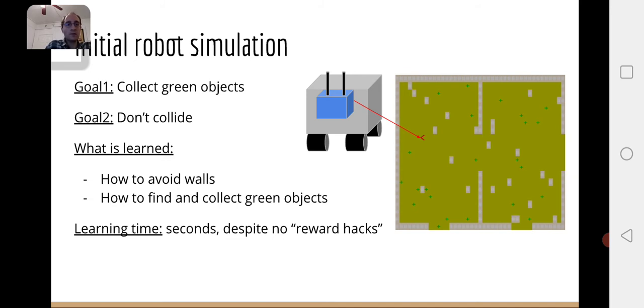The system learns to avoid walls and learns how to find and collect green objects. Interestingly, it's able to do so within seconds or a minute, despite no reward hacks being applied. So it's really fast in learning this behavior of observing its environment in the search for green objects while avoiding obstacles.